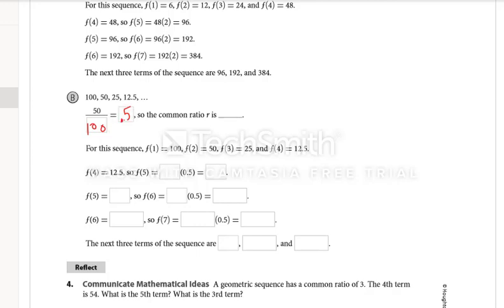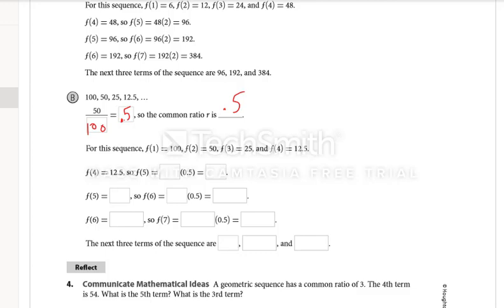So the common ratio is 0.5. As we go through this, f of 1 is 100, f of 2 is 50, f of 3 is 25, f of 4 is 12.5.